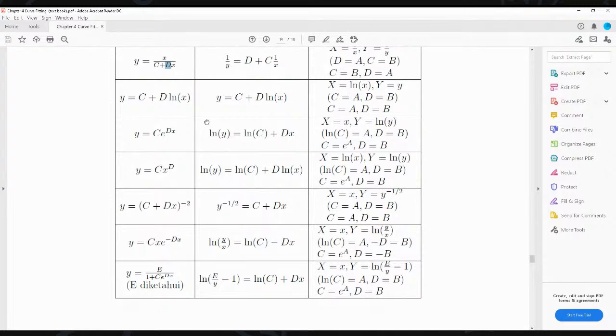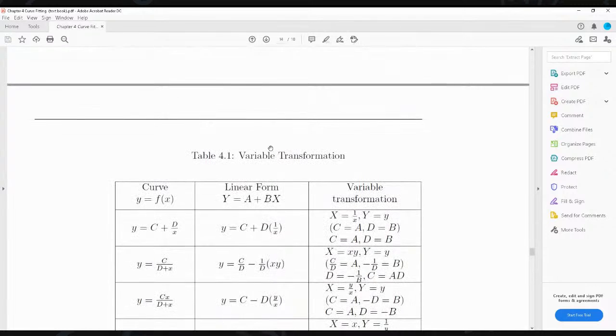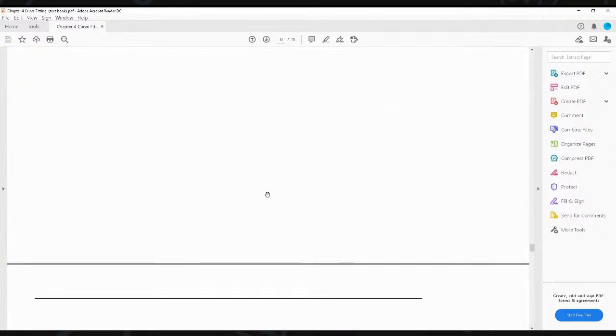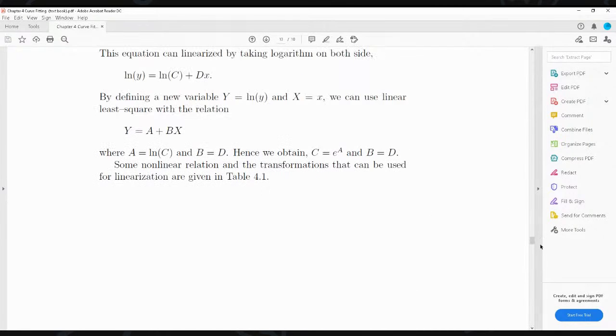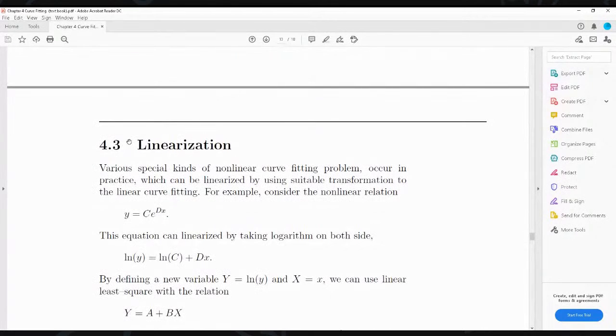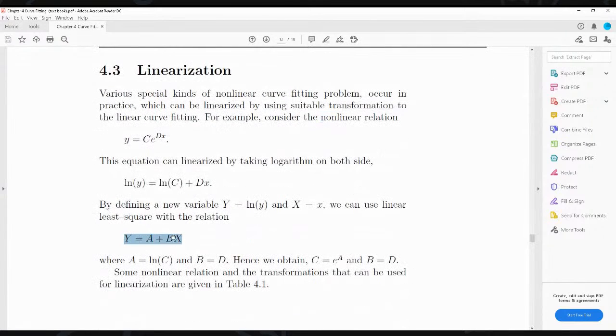But in this case, the title here is linearization. This is a table for transformation. Since we are learning about linearization, we just focus on the linear form, y equals a plus bx.